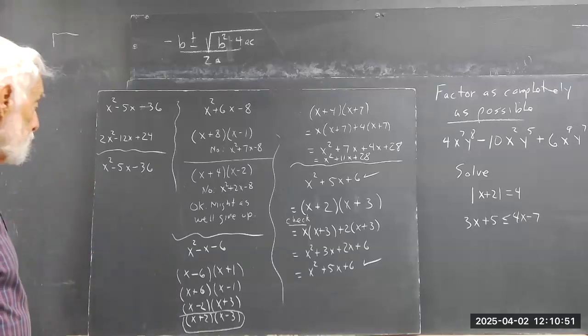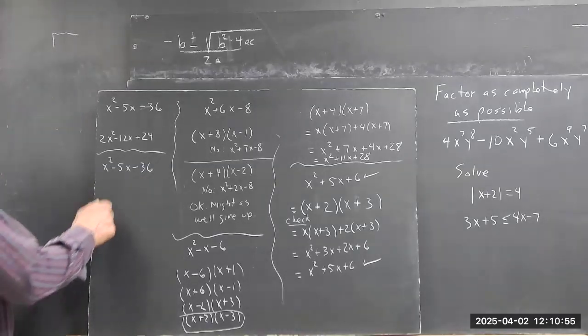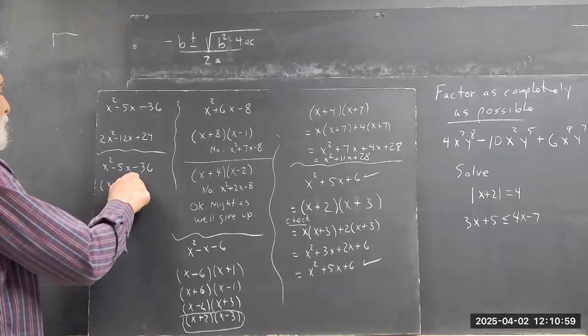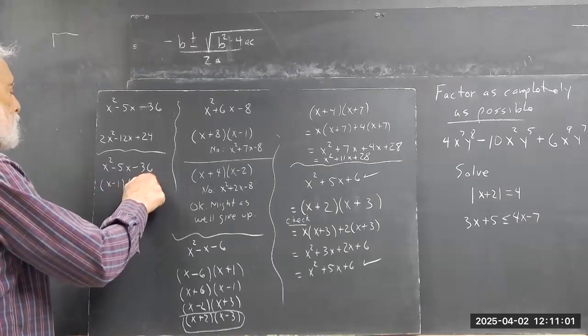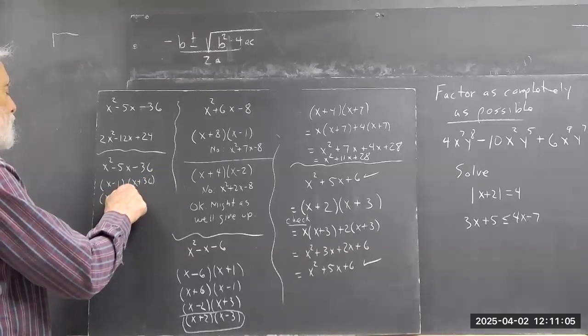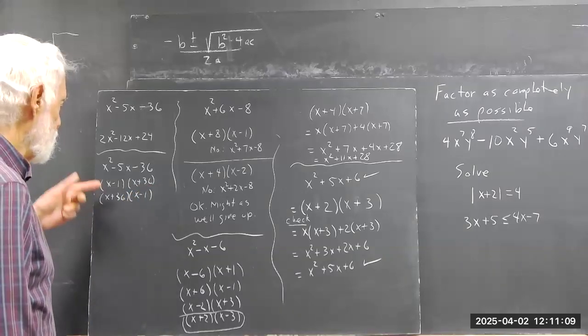Okay, let's look at this one. How many possibilities are there? Well, there's x minus 1 times x plus 36 and x plus 36 times x minus 1. Now, is either of those going to work?